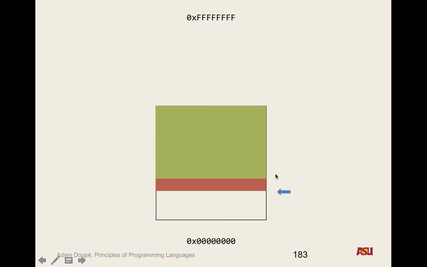I keep a pointer to this, and when I want to go to the next one, it actually uses a doubly linked list. Each of these chunks of memory has pointers to the next chunk and pointers back to the last chunk. And each chunk has a little flag that says whether it's free or not.